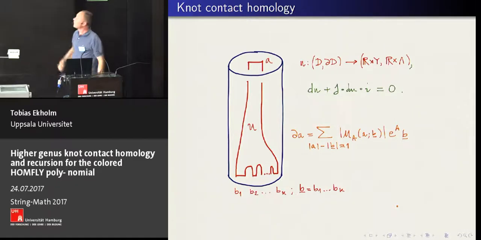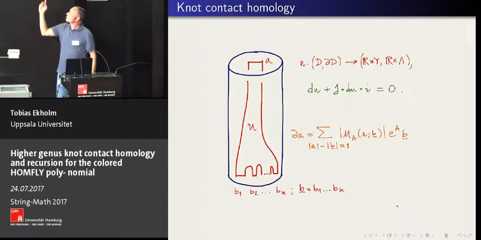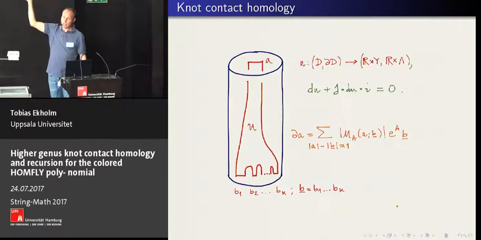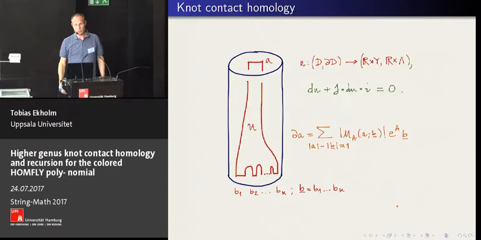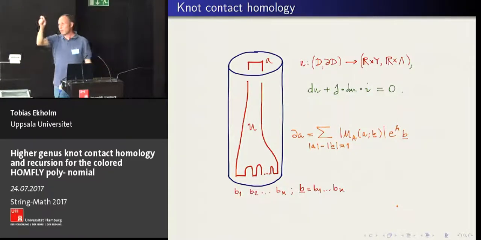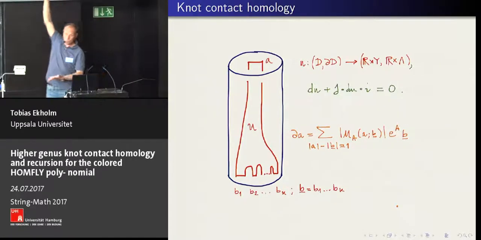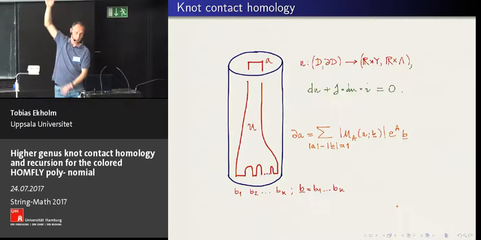And we take there an R-invariant almost complex structure. That means everything is invariant under the R translation. Moreover, the almost complex structure pairs the real direction with the Reeb direction inside the contact manifold. So if you have a Reeb chord and you multiply it by R, then you have a holomorphic strip.